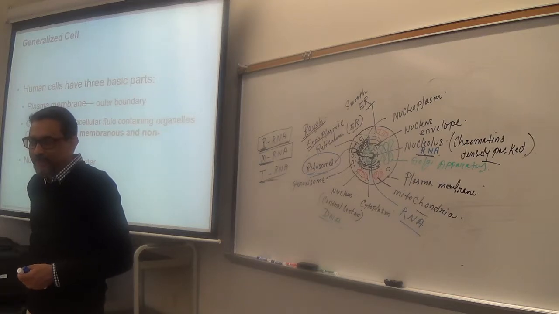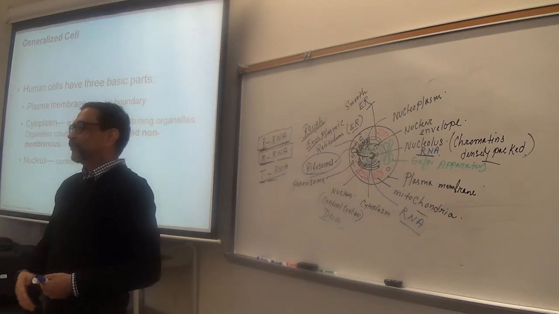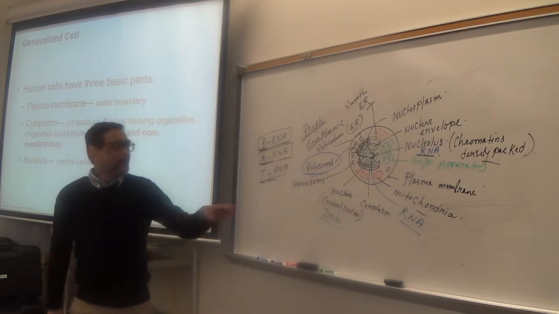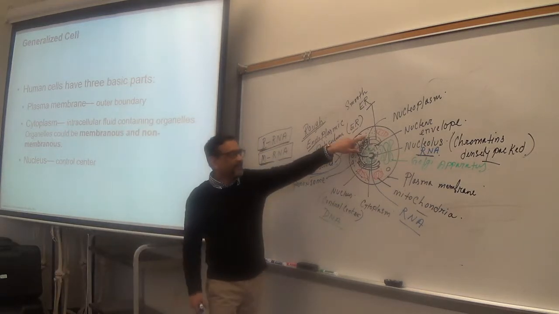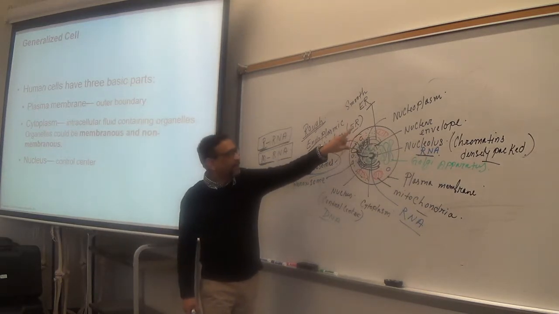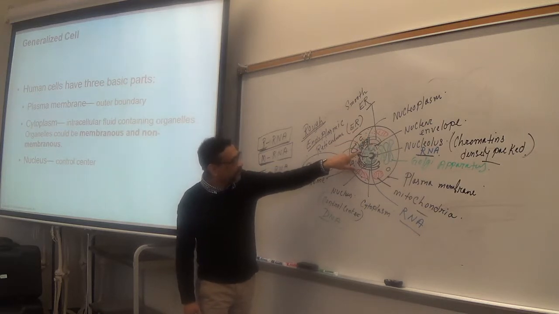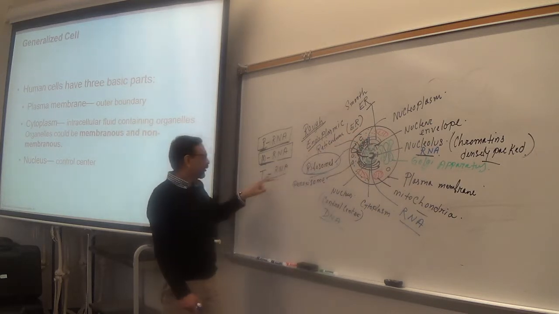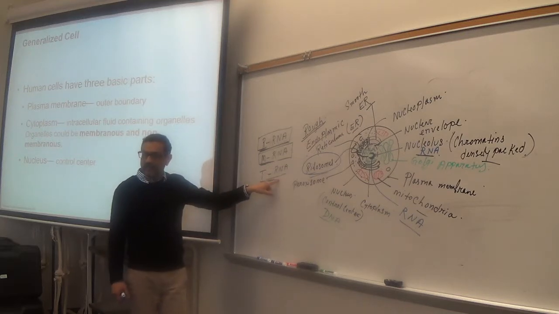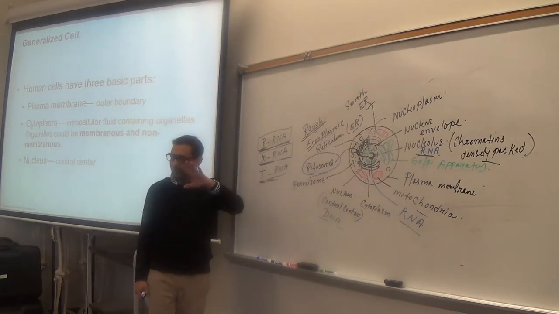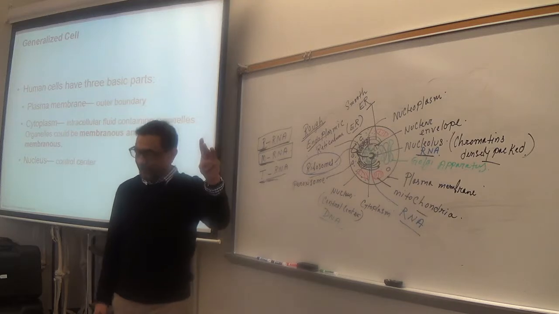Do you remember anything? Okay. So anyway, the amino acids are carried from the cytoplasm to the ribosomes by the transfer RNA. Make sense? So those are the functions of the three different types of RNA.